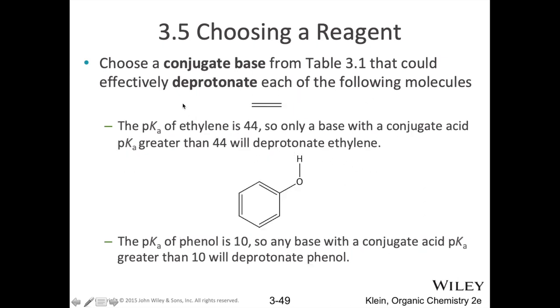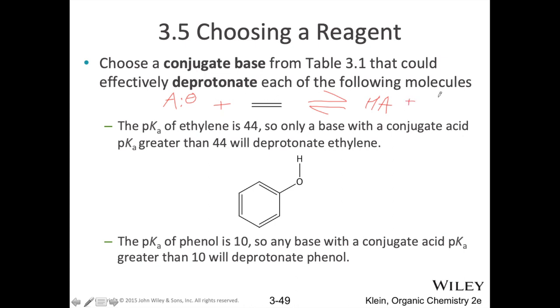Okay. And so here's a better example of something that has a relatively high pKa. All right, so again, you want a base that is the conjugate of an acid that has a pKa greater than 44, right? So again, using my analogy of A minus here, and I'm deprotonating this, I want HA to be a worse acid than ethylene.